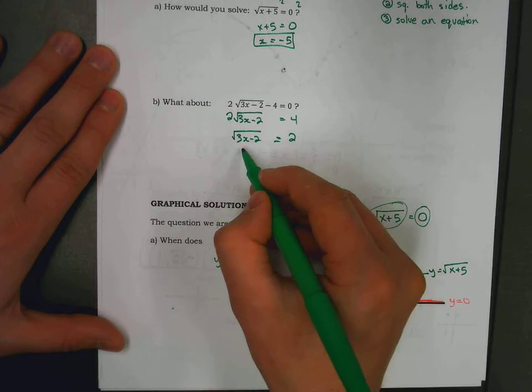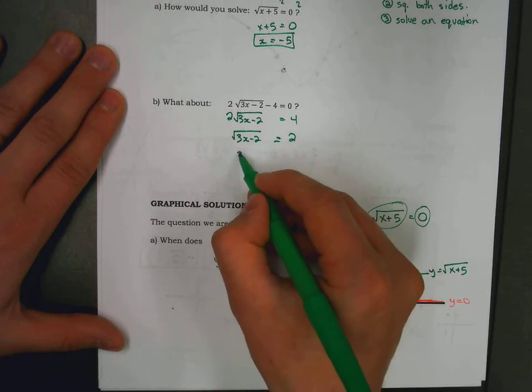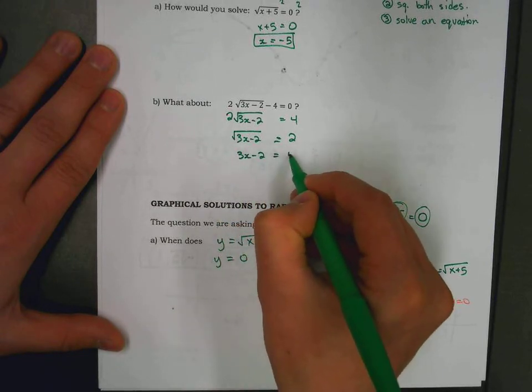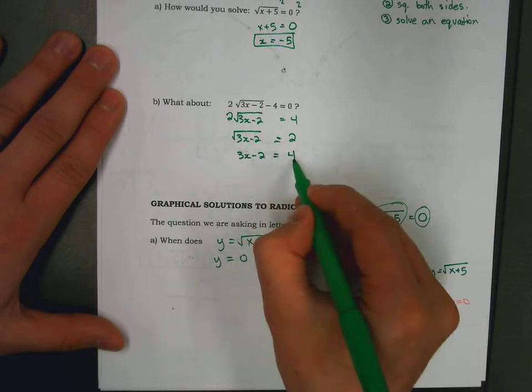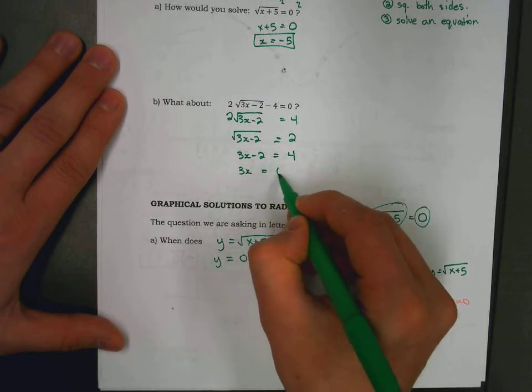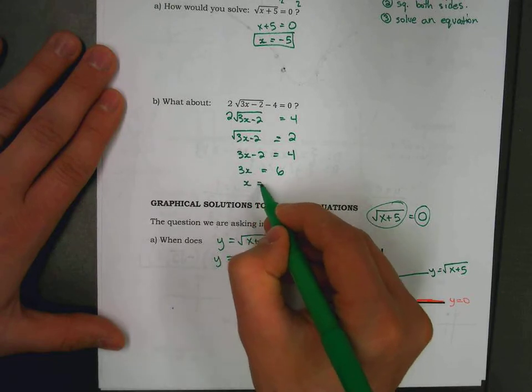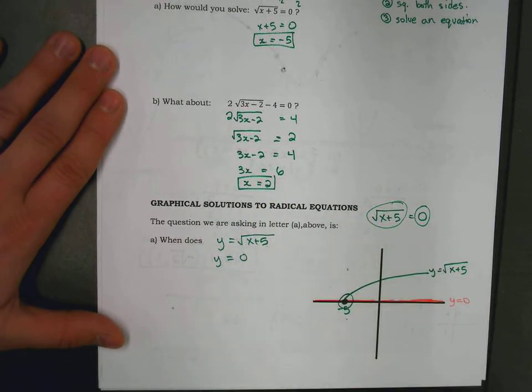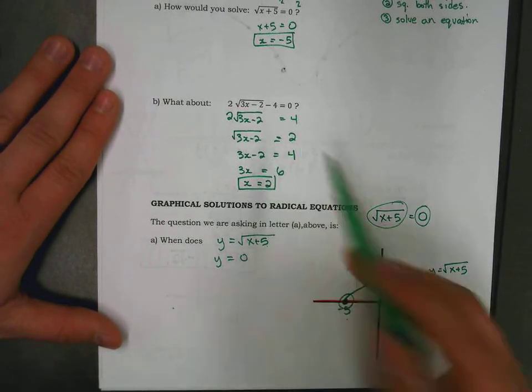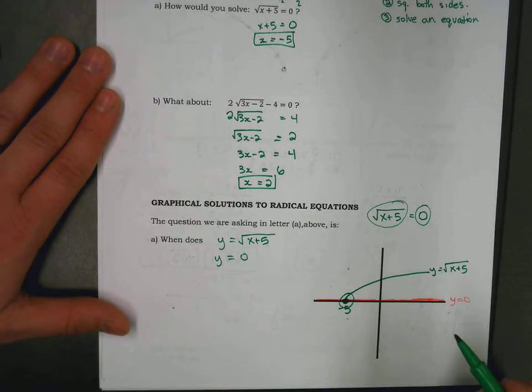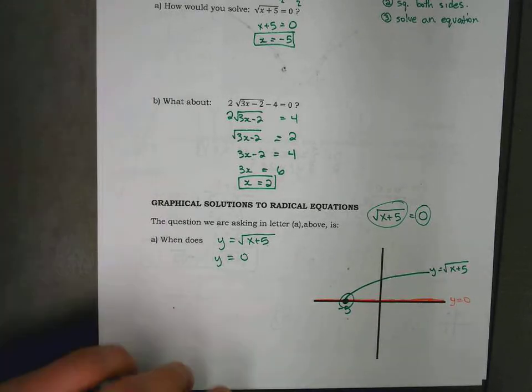And now, isolated radical, we can square both sides. If we add a 2 over to this side, we can divide both sides by a 3, and x equals 2 works. Now, it is actually quite important to check your work, because we do want to make sure that we're not making any issues.